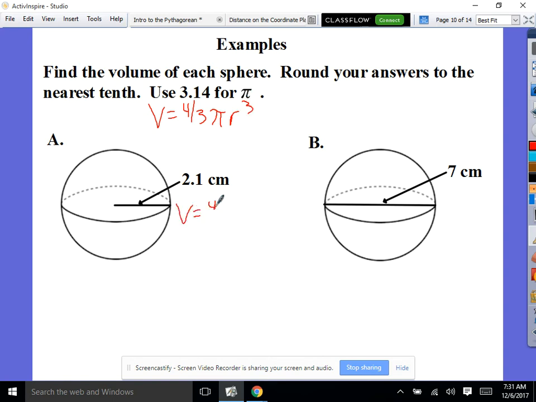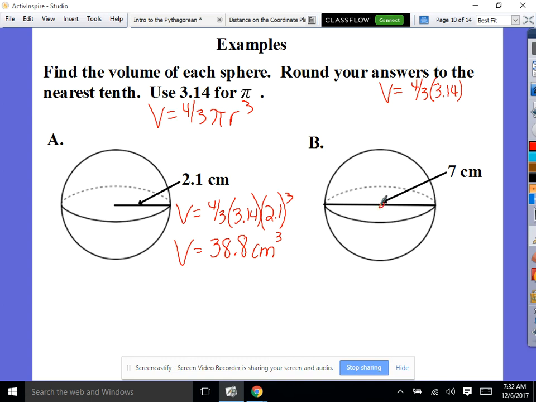Volume equals 4/3 times pi times 2.1 cubed. So 4/3 times pi times 2.1 raised to the third power. Our volume for this sphere is 38.8, and that's centimeters cubed. Our volume for B, 4/3 times 3.14.